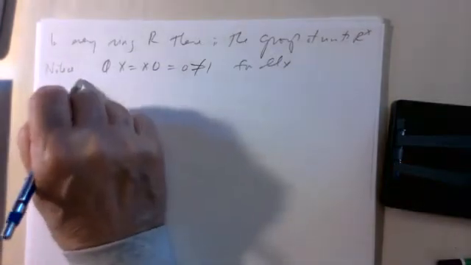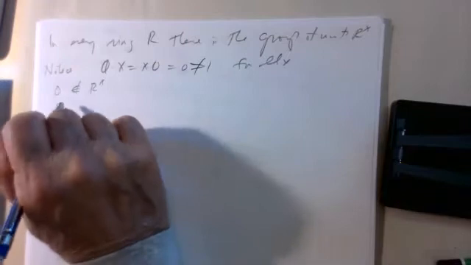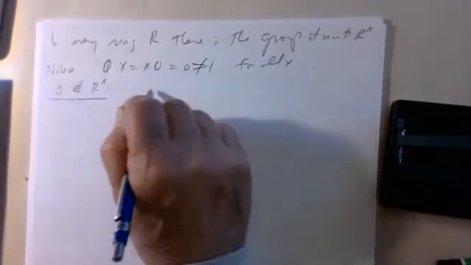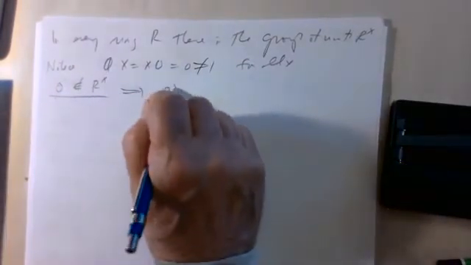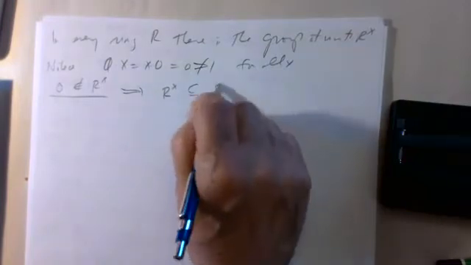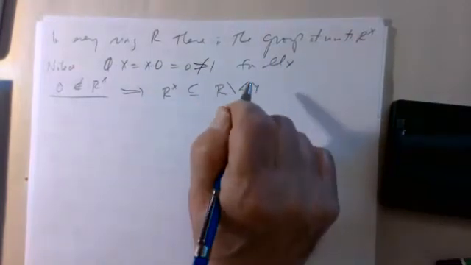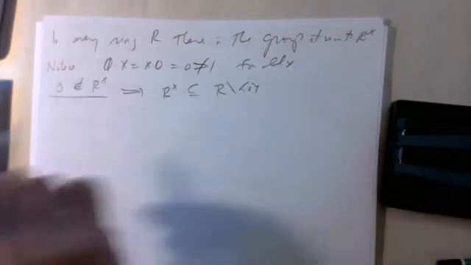So 0 is never a unit. So the group of units is contained in R with the 0 element removed.